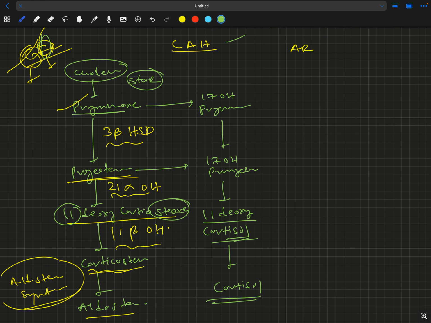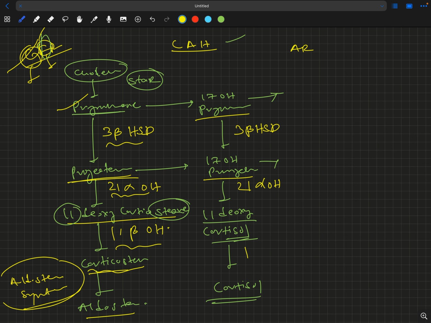It is synthesized in the zona fasciculata. So now let's come to the enzymes. It's like this: 3, 2, 1. From 17 hydroxypregnenolone to 17 hydroxyprogesterone is by 3 beta hydroxysteroid dehydrogenase. From 17 hydroxyprogesterone to 11 deoxycortisol is by 21 alpha hydroxylase.